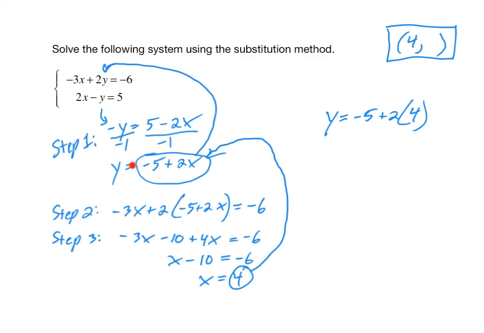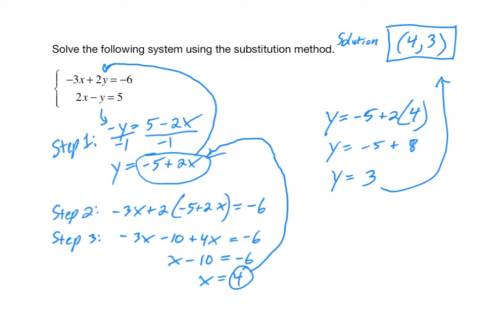I just chose this one because this one is the same as that one, and it already has the y isolated, so it just makes it a little bit easier. So when we go to solve this, you just have to do arithmetic. Y is already isolated. Of course, we got y equals -5 plus 2 times 4 is 8, and -5 plus 8 is 3. That is the y coordinate of our solution. So now we'll write that in up here, and here is our solution.